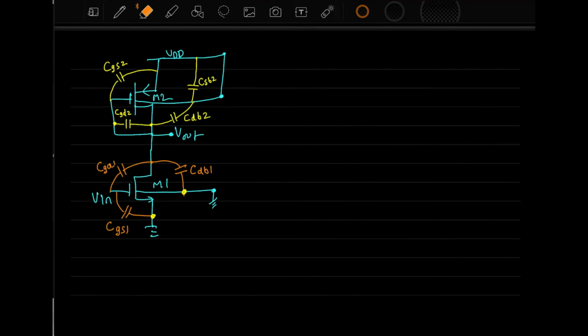So what you are saying is CSB2 is also 0 because your bulk terminal is VDD connected, and your source terminal is also VDD connected. So that's why you are saying it's 0. You are right. Both of them will be 0. So this is also gone.